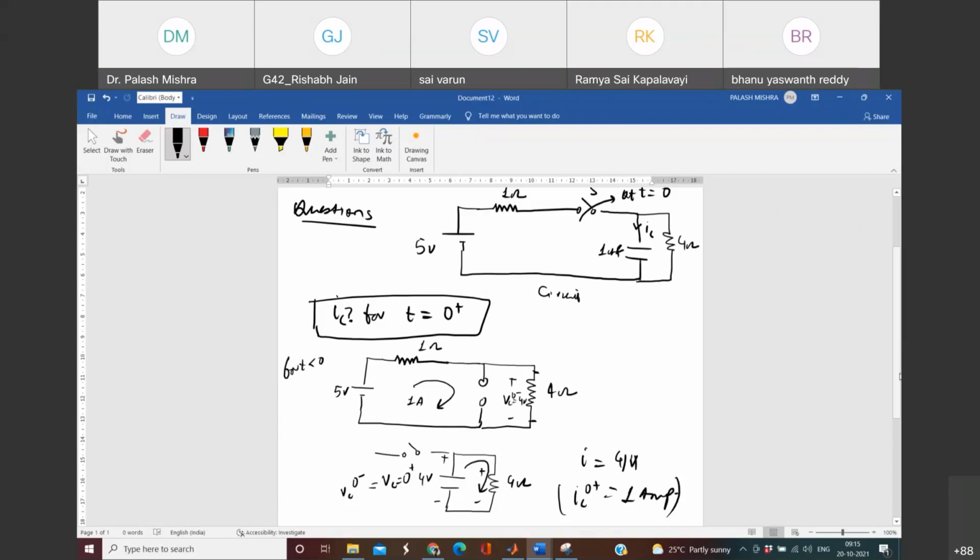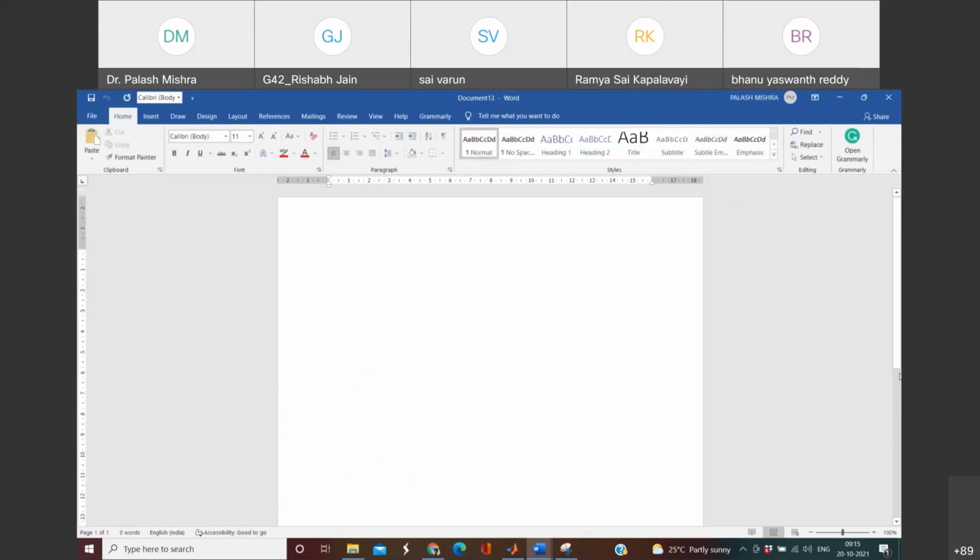The question is, you have to find the time constant for this particular circuit.